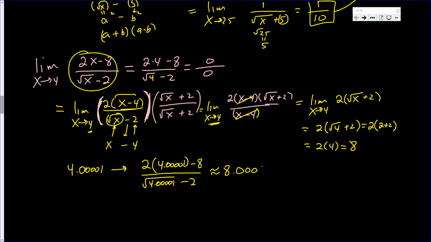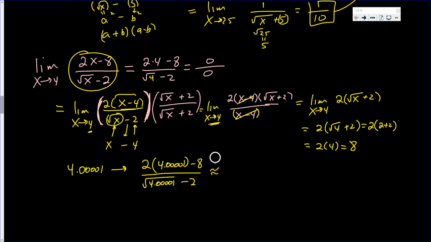I'm not promising it's going to equal that, but put a question mark there. You're going to get a number close to 8. Maybe it's 7.99, and then some digits. But whatever you get, it's going to be close to 8.